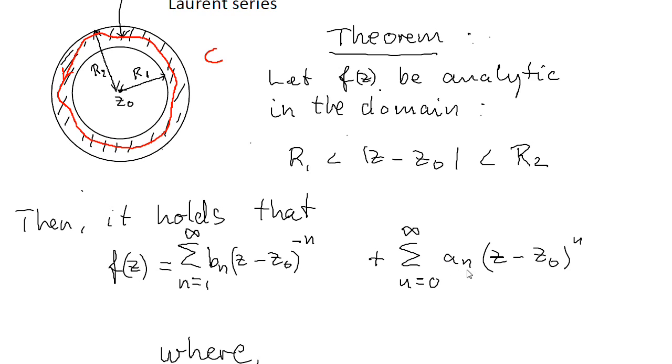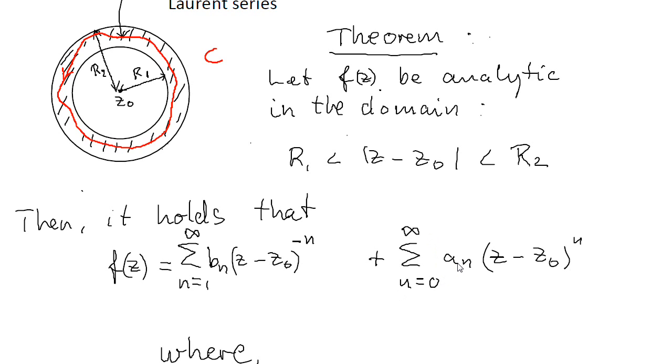It has the same symbol for the coefficients, an, and n is going from 0 to infinity. And we also have some other terms here, the bn terms. bn is multiplied with z minus z0 to the power of minus n, and n is going from 1 to infinity.